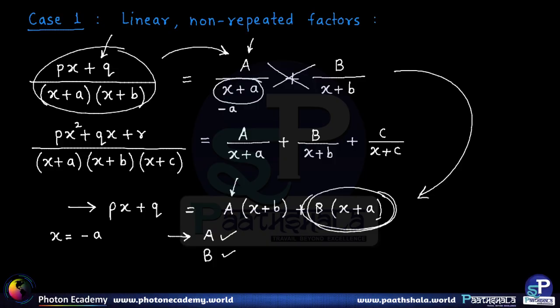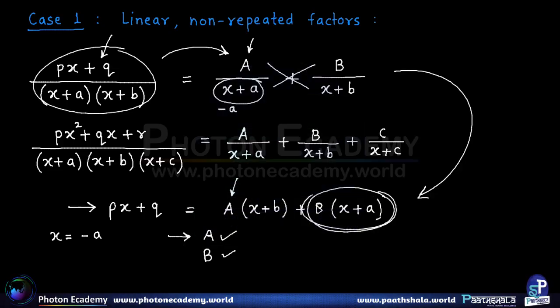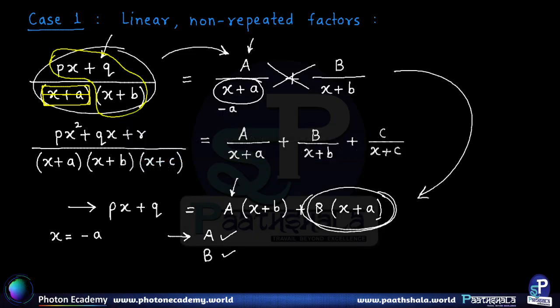So with this value, what we do is, in the left hand side expression, that is in the original expression, if we temporarily ignore the factor which gives us x as minus a, then in the remaining expression we have to put x as minus a, and that is nothing but the value of capital A that we are trying to find out, because that is what we get by the cross multiplication and substituting x equal to minus a. Right? So that is a way to get the constants.